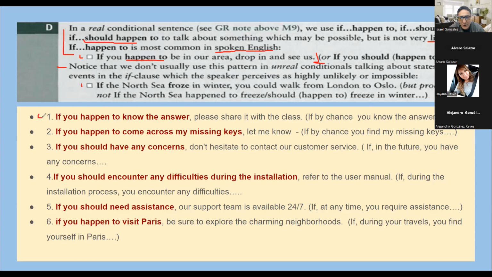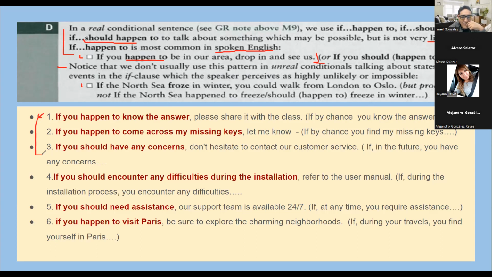Well, this structure. Okay, Alex, can you read the first three examples? Yes. Number one, if you happen to know the answer, please share it with the class. If by chance you know the answer.